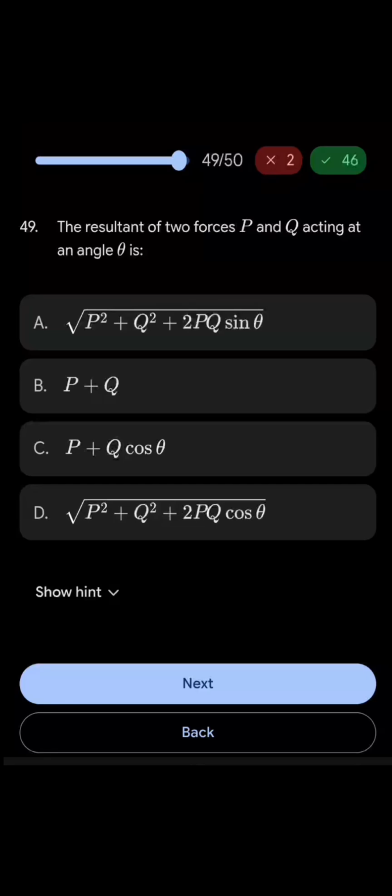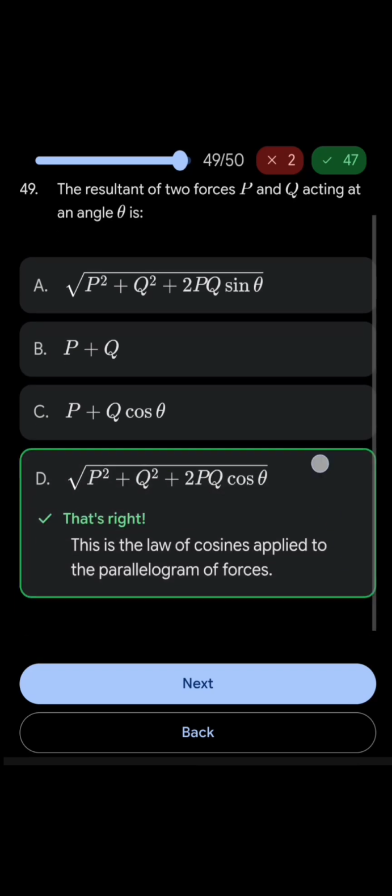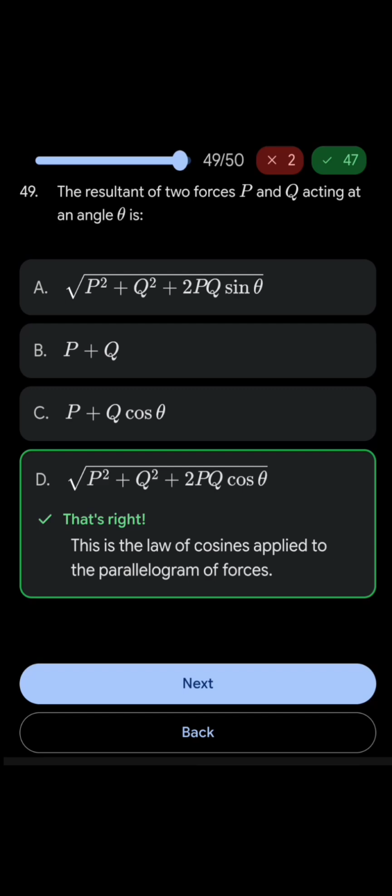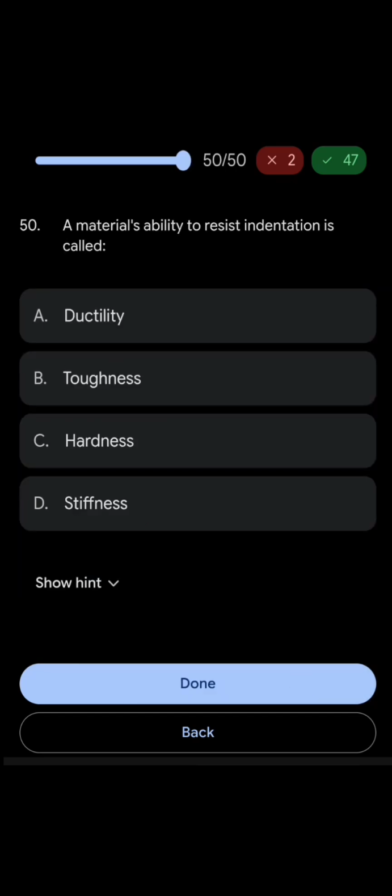The resultant of two forces P and Q acting at an angle theta is root P square plus Q square plus 2PQ cos theta. The material's ability to resist indentation is called hardness.